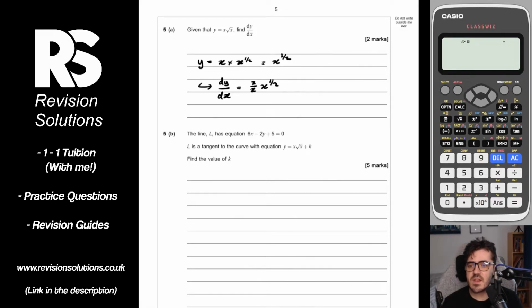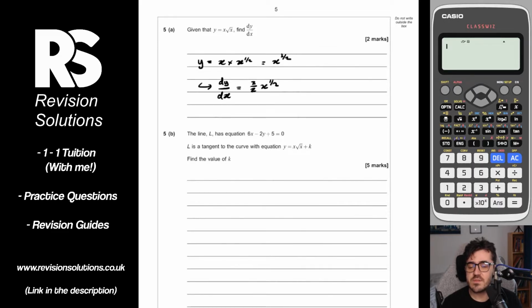Part B then says the line L has equation 6x minus 2y plus 5 equals 0. L is a tangent to the curve with equation y equals x root x plus k. Find the value of k. Well, a piece of information we've got is that it's a tangent.